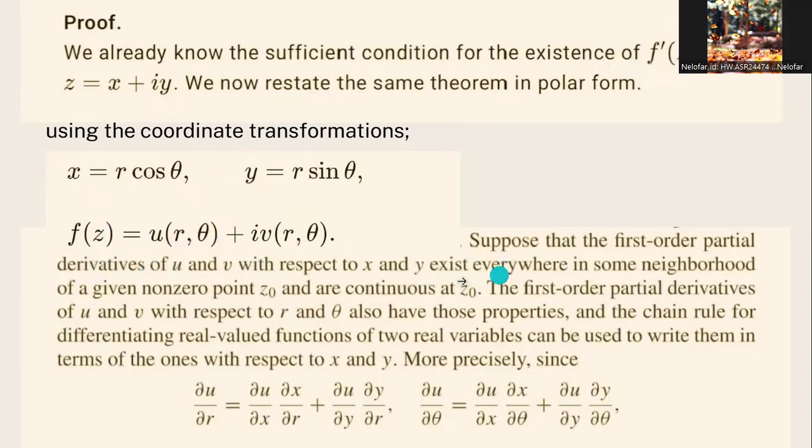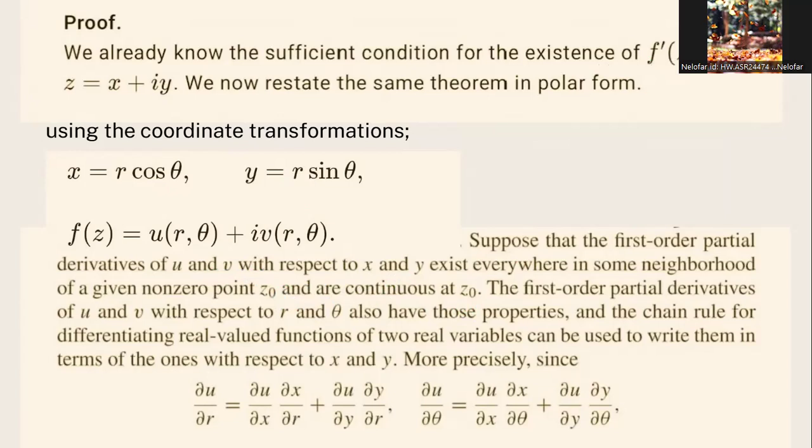Suppose that the first order partial derivatives of u and v with respect to x and y exist everywhere in some neighborhood of a given non-zero point z naught and are continuous at z naught. We are supposing that ux, uy, and vx, vy exist everywhere in some neighborhood of z naught, and these partial derivatives are also continuous at z naught.